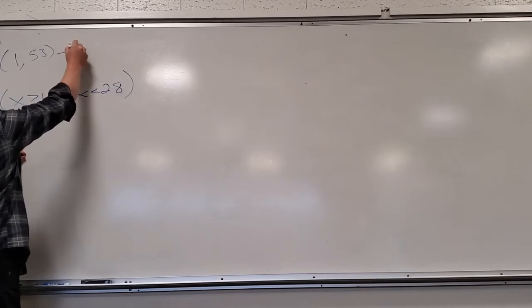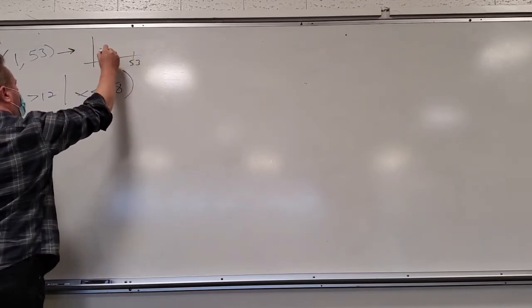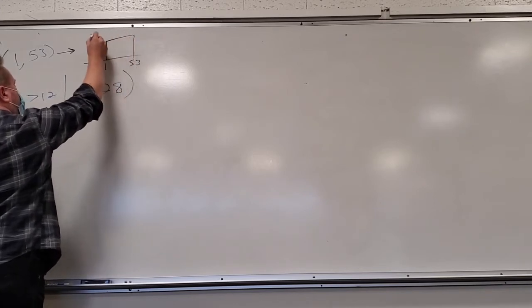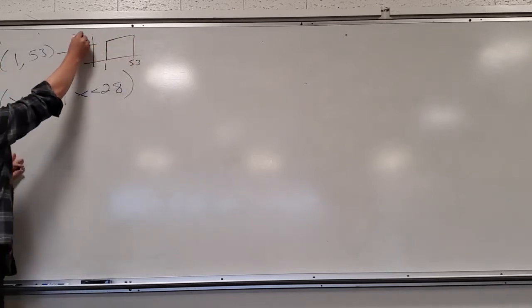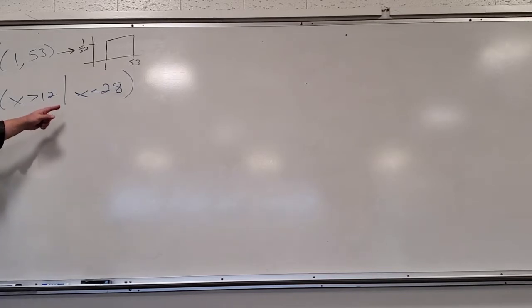What did the picture look like here? It looked like 1 to 53, and the height would be 1 over 52. So what did the problem give me from the beginning? It could happen anywhere from 1 to 53. That's what we're given to begin with. What are we given now?